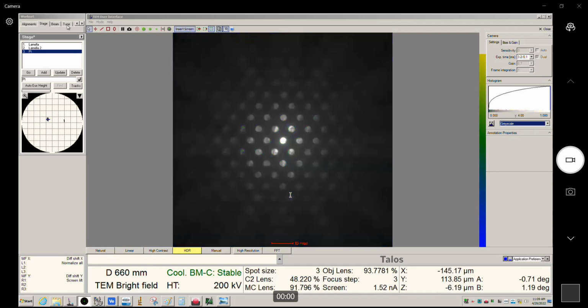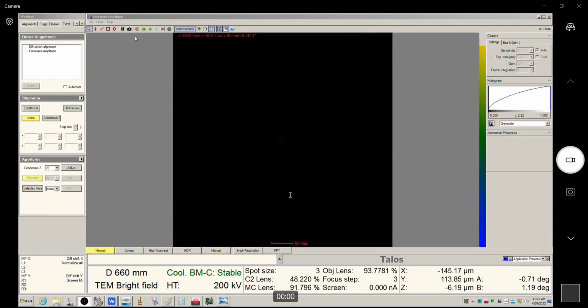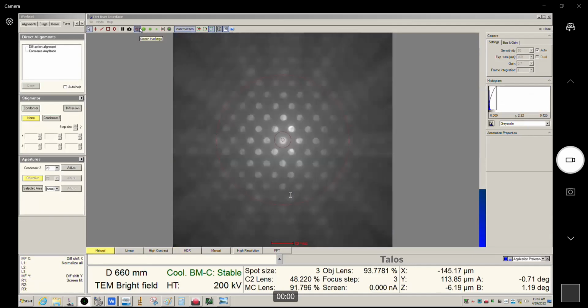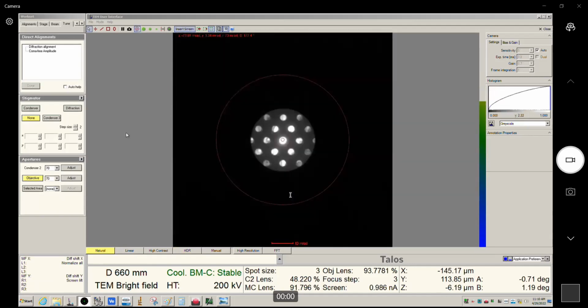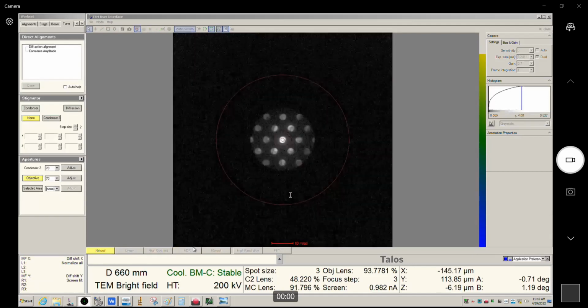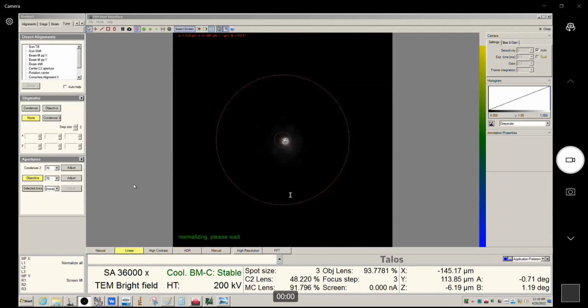All right, let me put in my objective aperture. All right, that looks good.